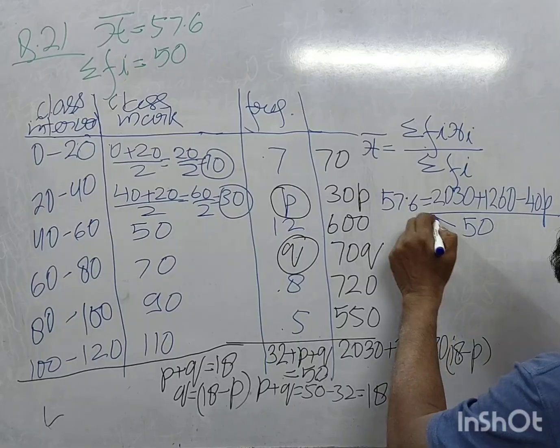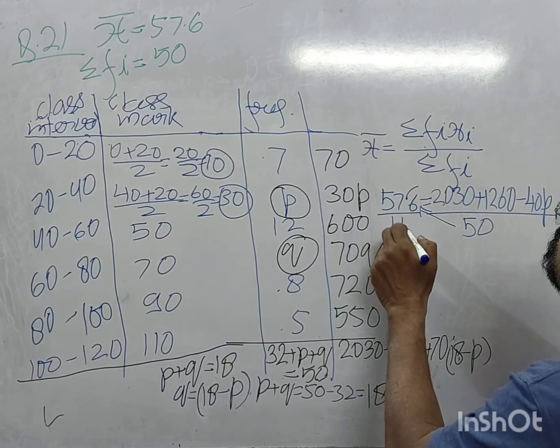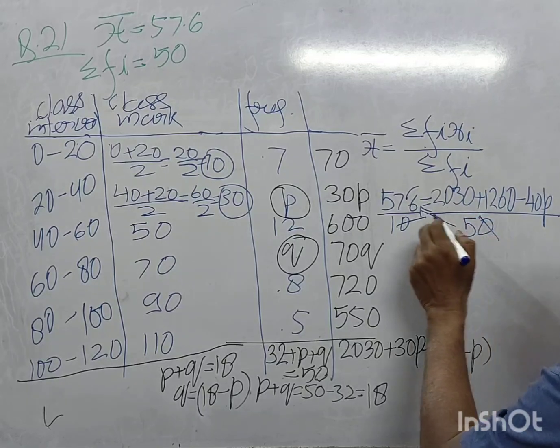If you cross multiply, this 10 and 0 cancel.